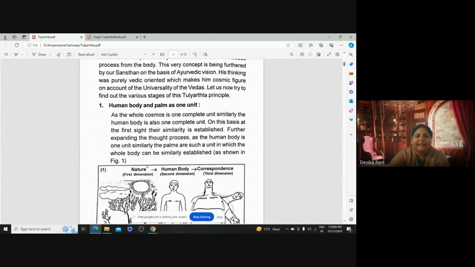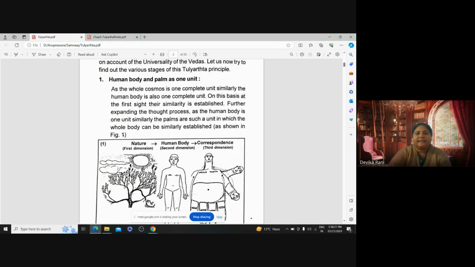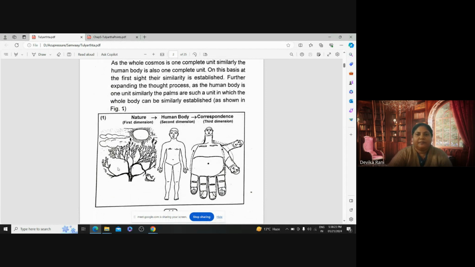Why do we say that the palms and the feet are similar to the body, and how can we use this further? The first thing, as we see in the figure: if you see your hand, now you have a body which has a head, hands, legs, and a trunk.